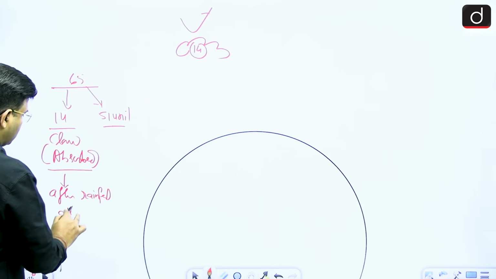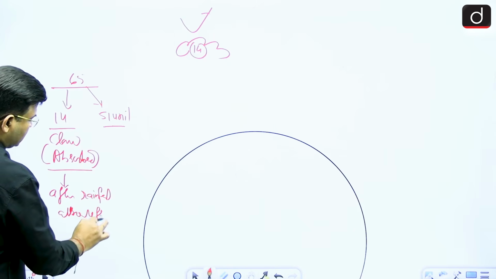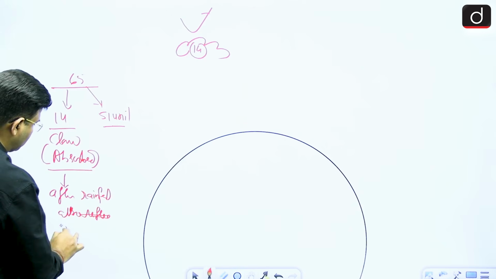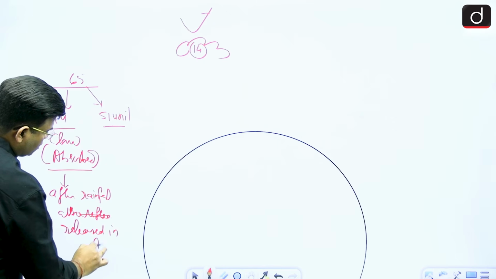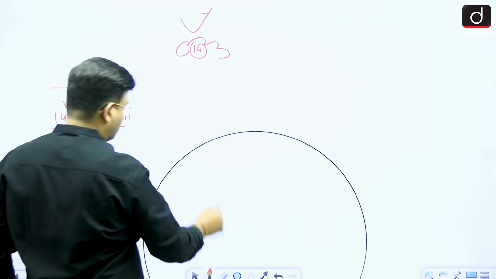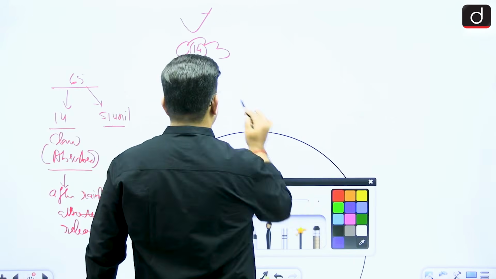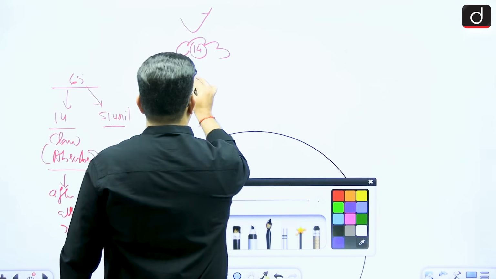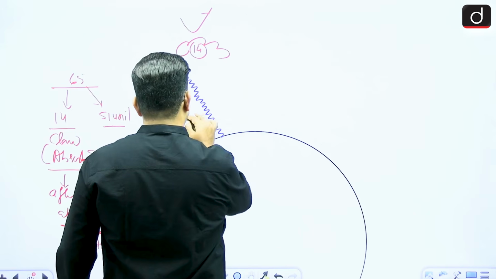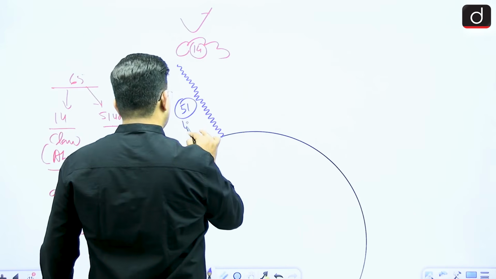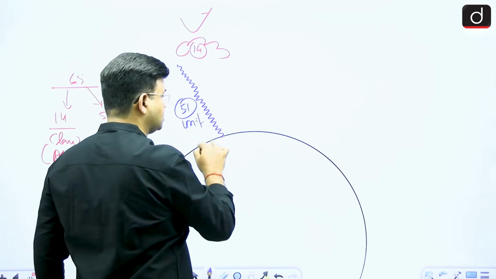So how much is able to reach the earth's surface? Only 51 units is able to reach the earth's surface.